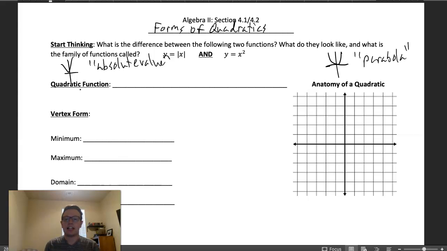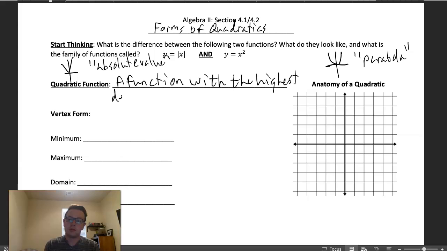All right, what exactly is a quadratic function? It's a function with the highest degree of x being 2, meaning that the highest power of x we have is squared, or 2.